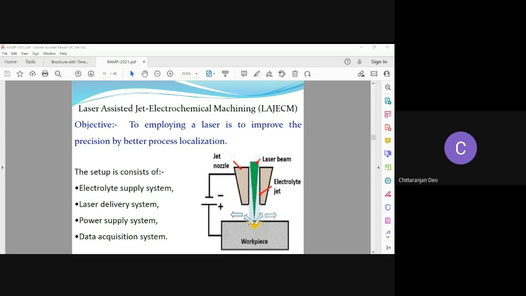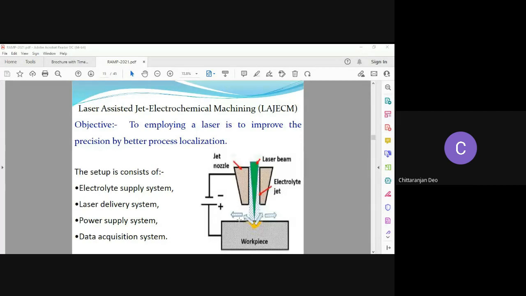Localization of this material removal is important for precision machining, because with general ECM you cannot get a precision machining output.